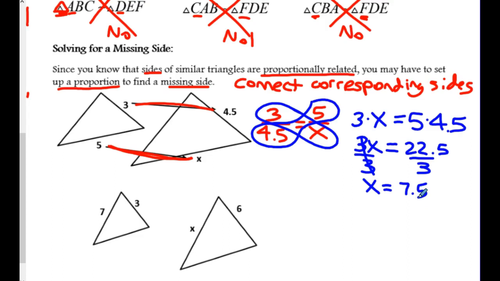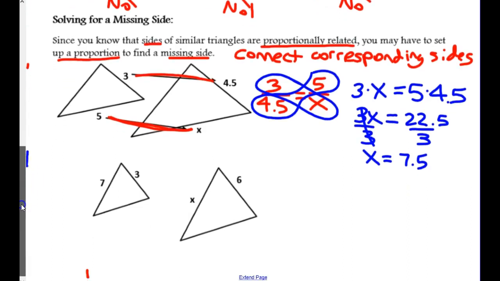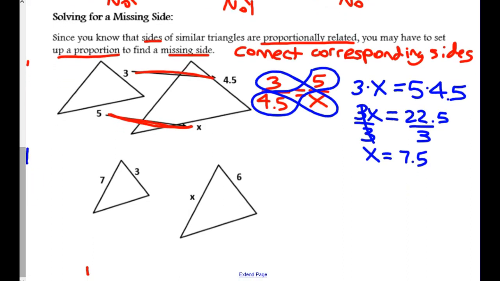On the next one, let's do this one together. We're going to do the same exact idea. So first step was to do what? Connect the corresponding sides. So what does 3 connect with? 6. And then 7 connects with x. Make your two fractions.